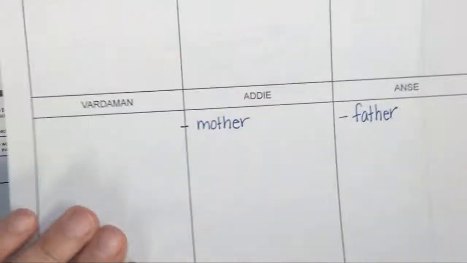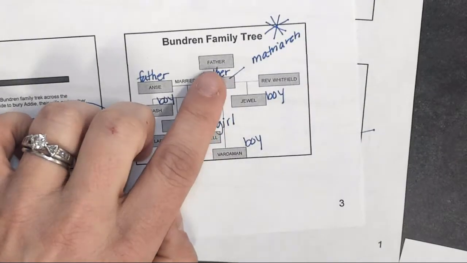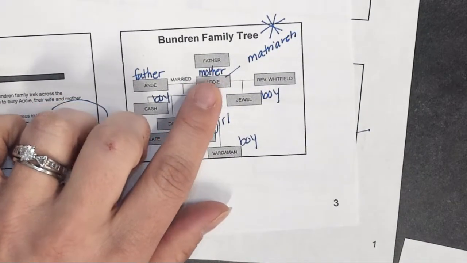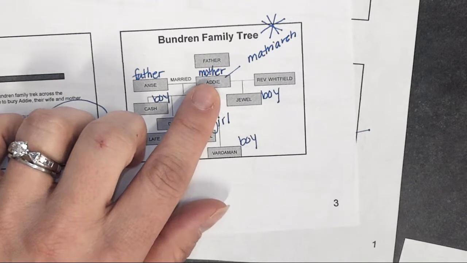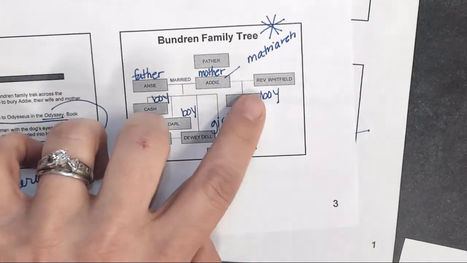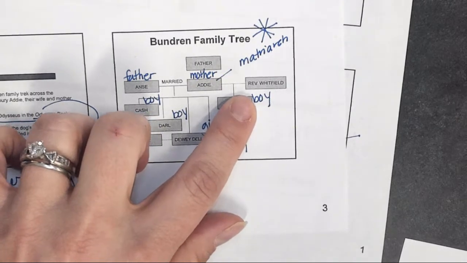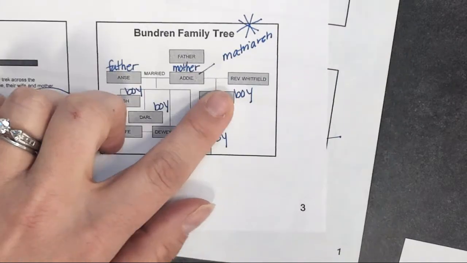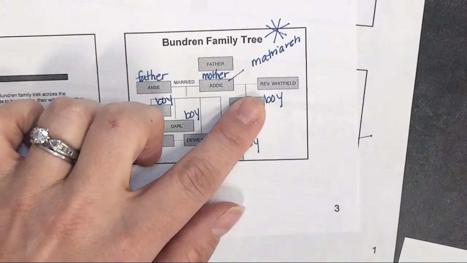Okay, so father, mother. So we see that there is ultimately one patriarch, and that is Addie's father. She marries a man named Anse, all right, and she has a dotted line relationship with a man named Reverend Whitfield, if you know what a dotted line relationship means.